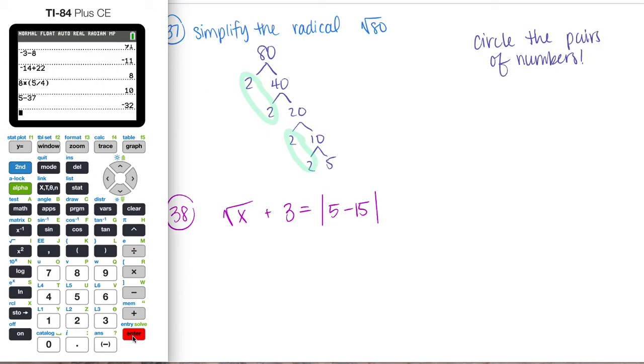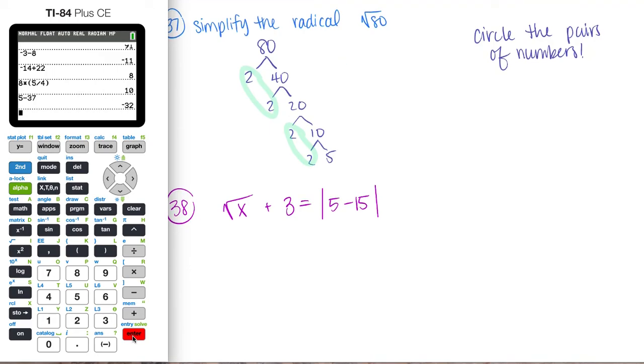So we are going to have the square root of 2 times 2 times 2 times 2 times 5. 5 is going to be boxed because 5 does not have a pair. We'll circle our pairs.